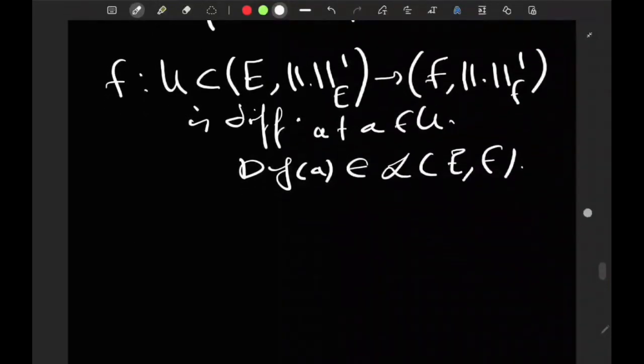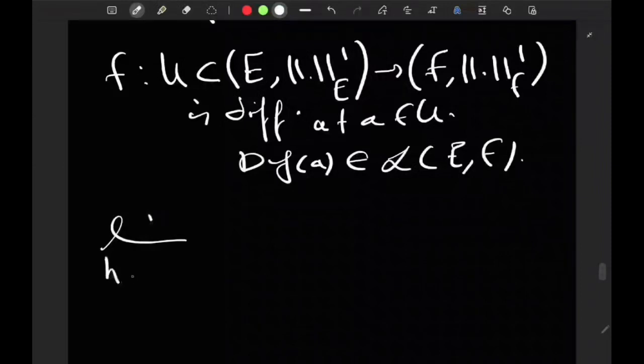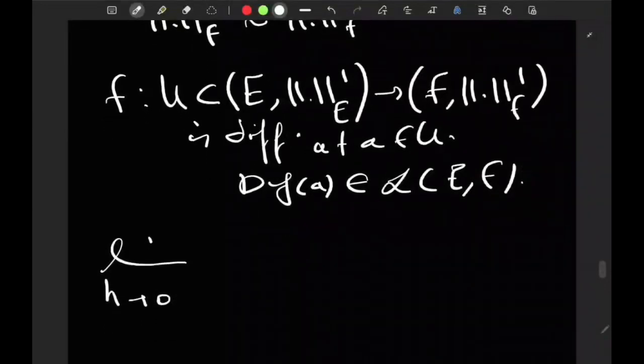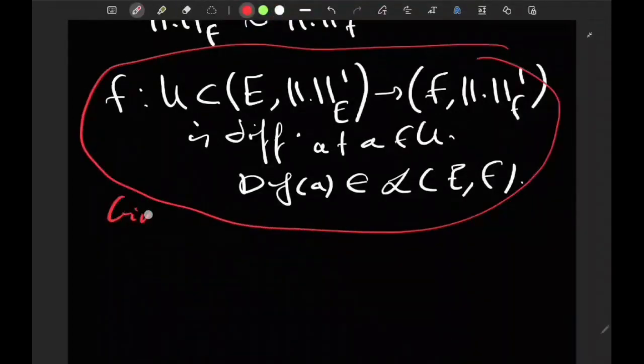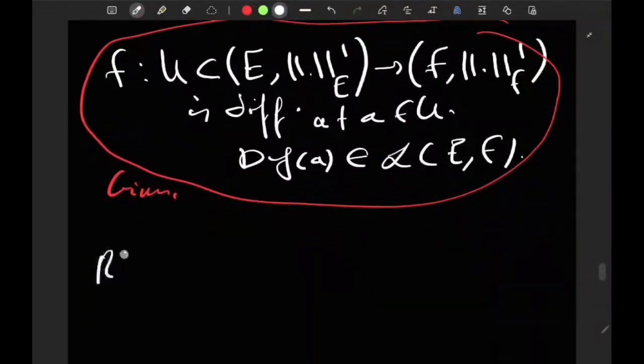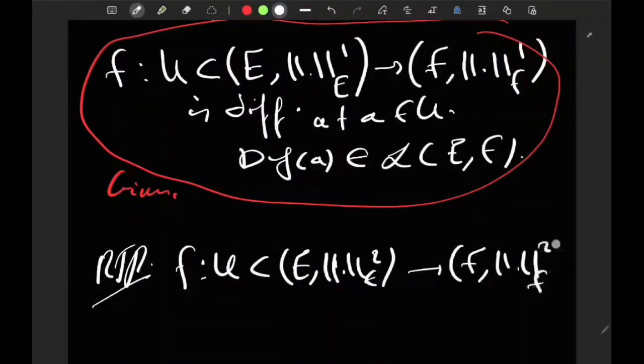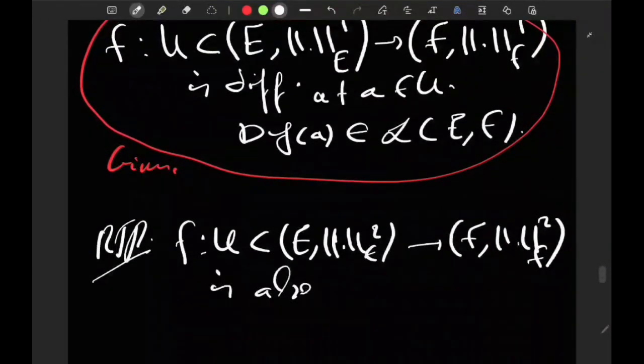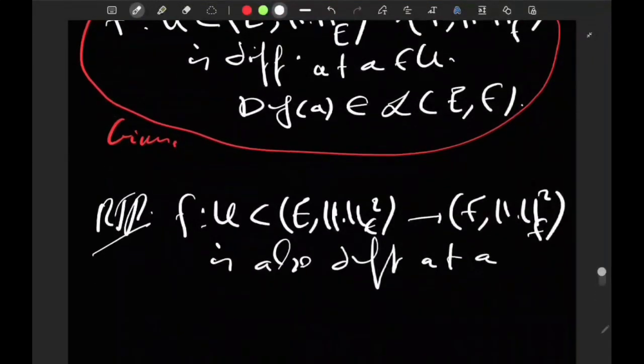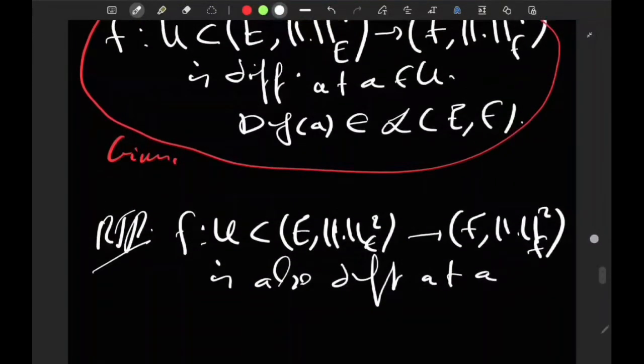Let me state what we're going to be proving. This is a given, and what is required to prove is that f as a map from U, which is open inside E with the second norm, into F with its second norm, is also differentiable at a, and its derivative is the same as the derivative with respect to the first two norms.